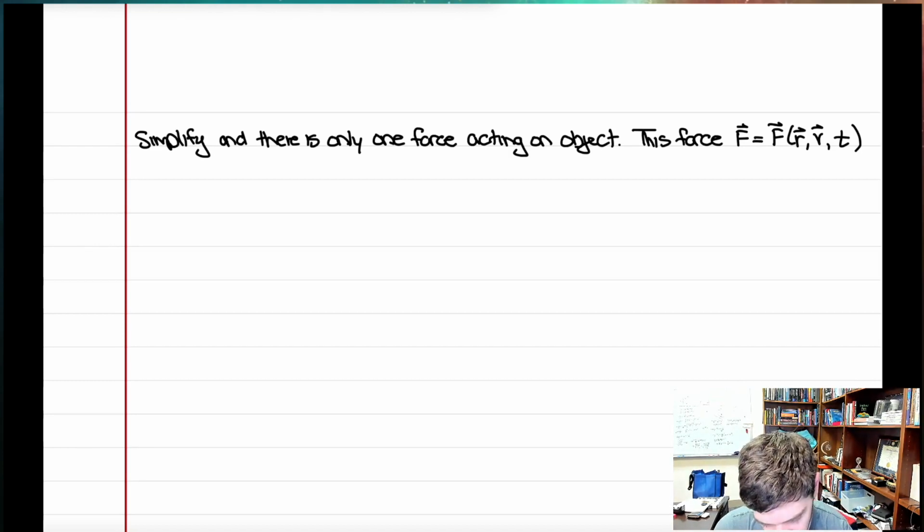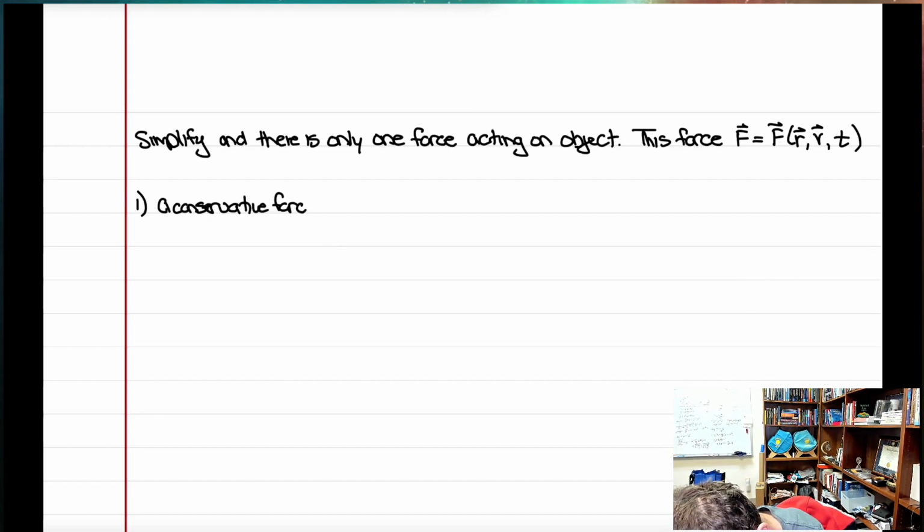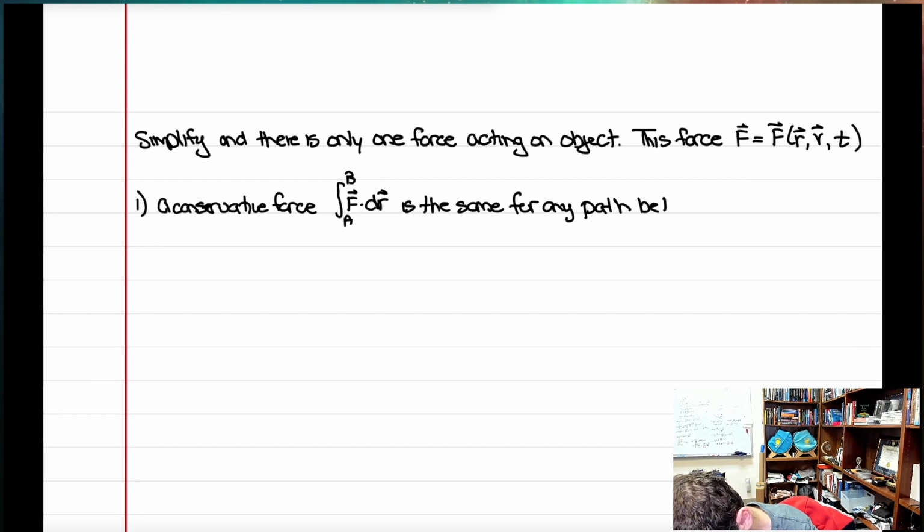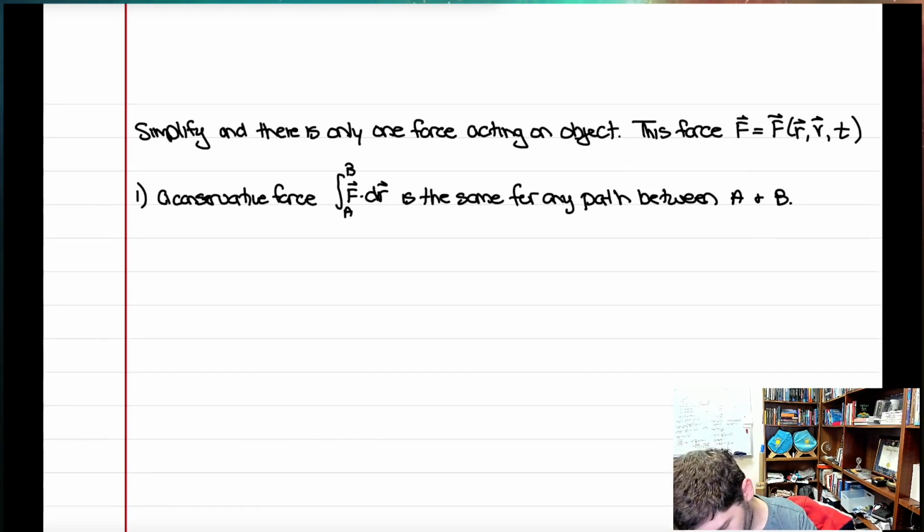So starting super generally, a conservative force we're going to say is one where F dot dr, the work done as you go from point A to point B, is the same for any path between A and B. A is here, B is here.